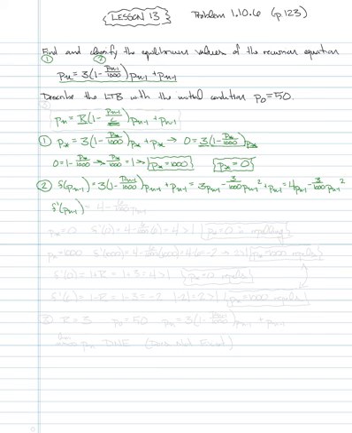And I'm left with 4 minus 6 over 1,000 times p sub n minus 1. Now, to evaluate the stability of my equilibrium points, I have to evaluate the derivative at the equilibrium point. So let's start with p star is equal to 0.